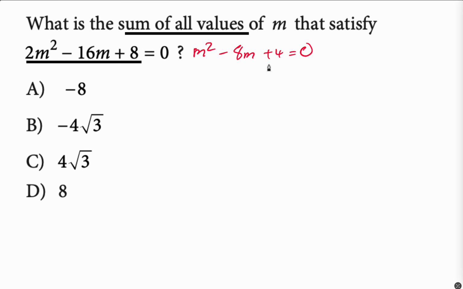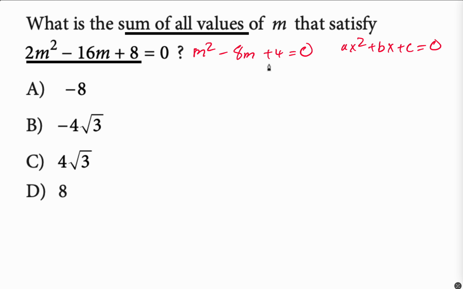One thing that can help us is using the quadratic formula. So let's remind ourselves what the quadratic formula is. Let's say you have the equation ax squared plus bx plus c equals 0.